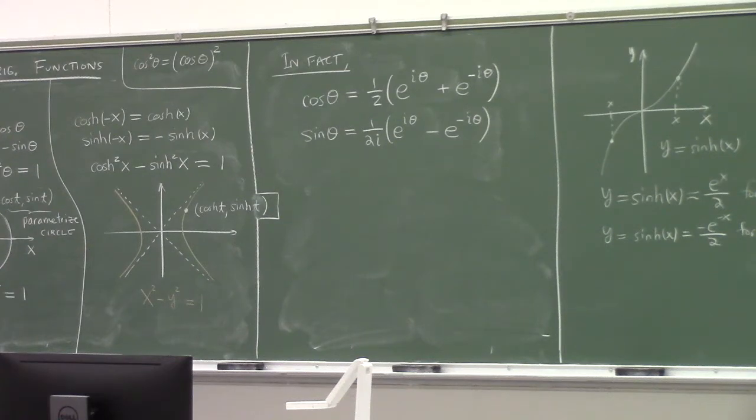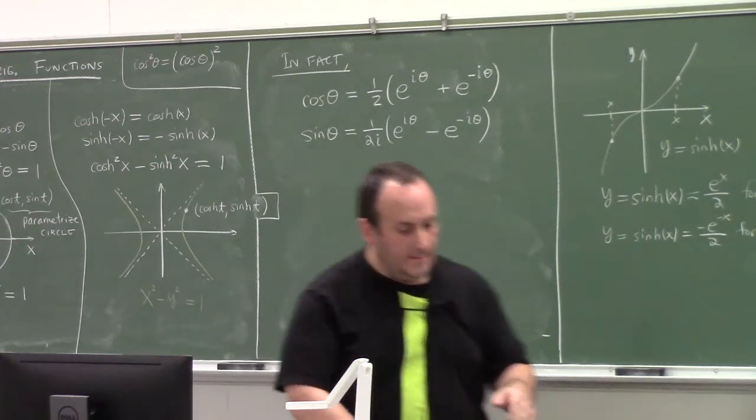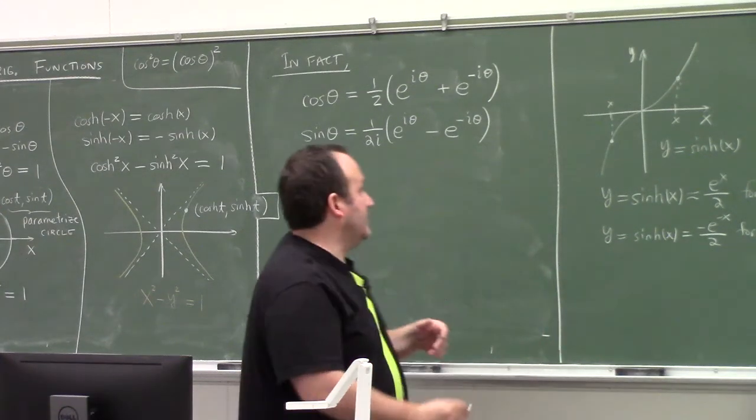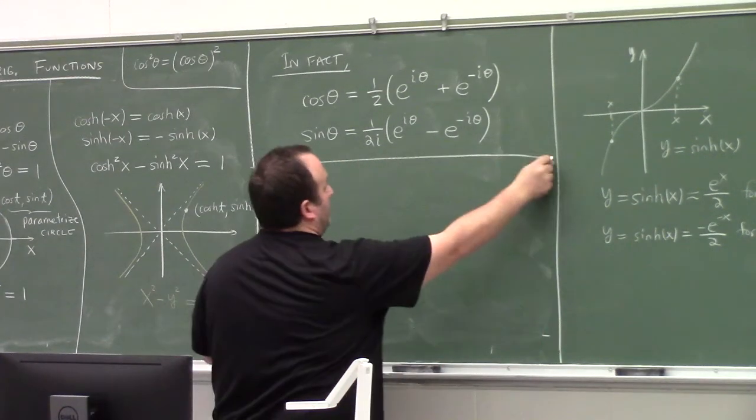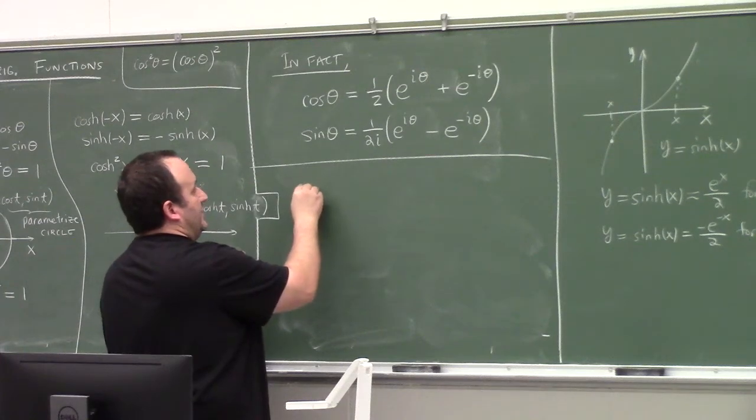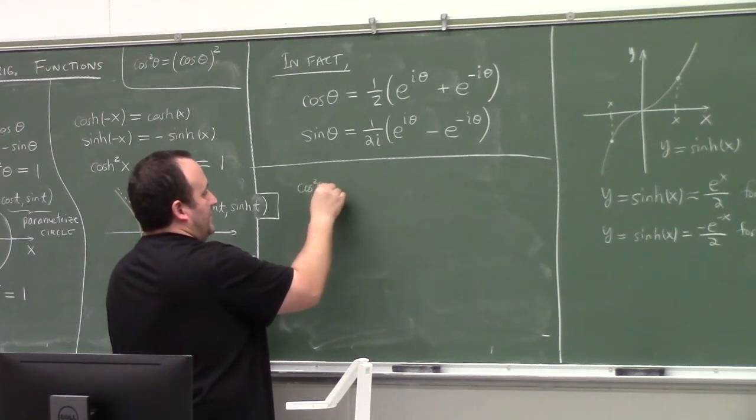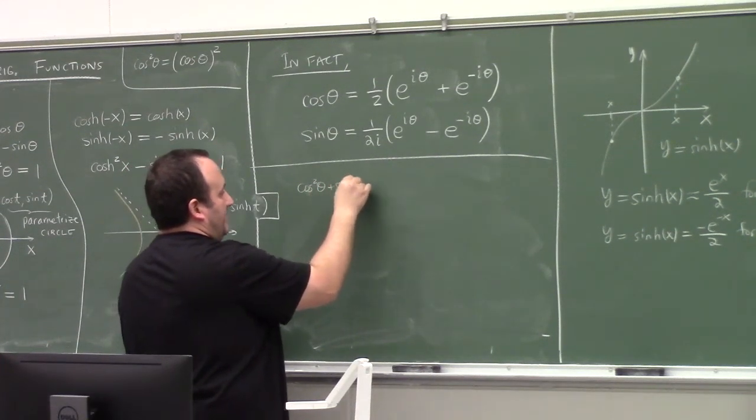You can derive trigonometric identities with these in algebra. All right? Let me show you such an example. Let's try cosine squared theta plus sine squared theta. We all know that that's 1, right?